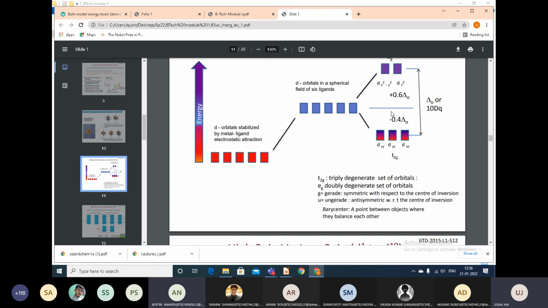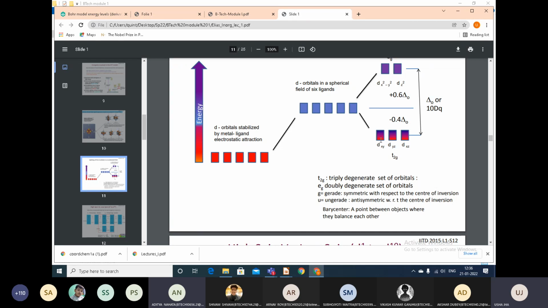Suppose it was a weak ligand. This difference in energy depends upon the type of ligand. If the ligand is weak, this energy difference will be much less, lesser than the energy required for pairing up of the electron.